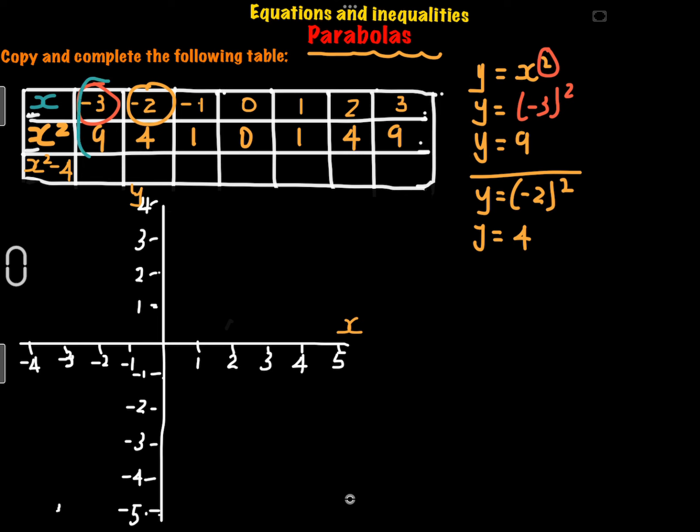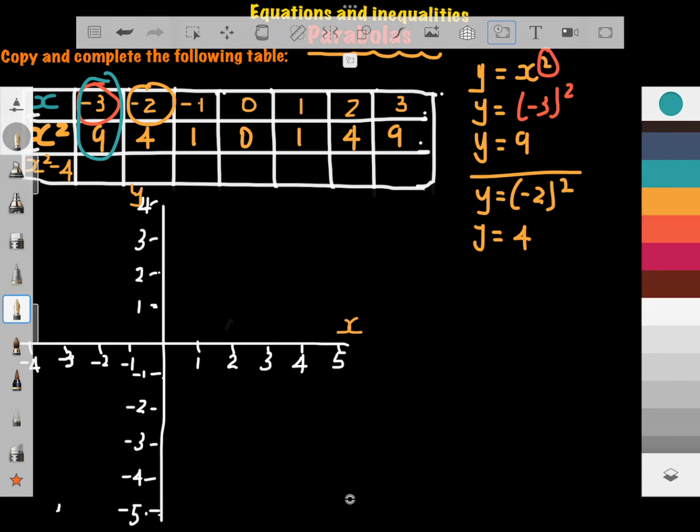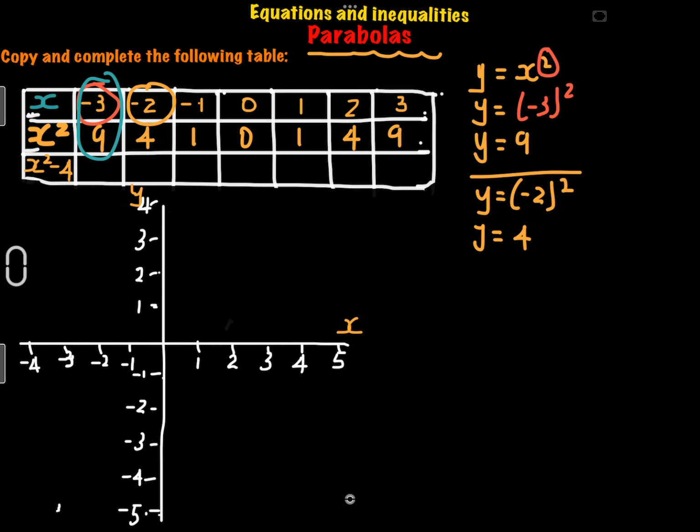So when x is equal to -3, y is equal to +9, which is beyond the scope of the sketch. I'm not going to be able to plot that. Let's move on to the next interval.